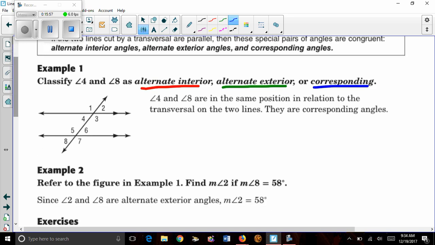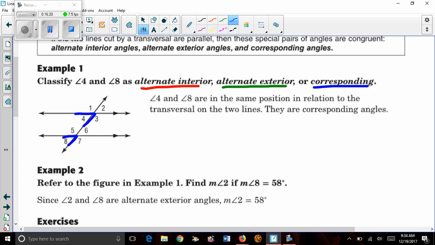Well, if I look, here's angle 4, here's angle 8. If you were to look at the pictures on the other page, we would see that these are two angles along the transversal that lie in the same position on the two lines.